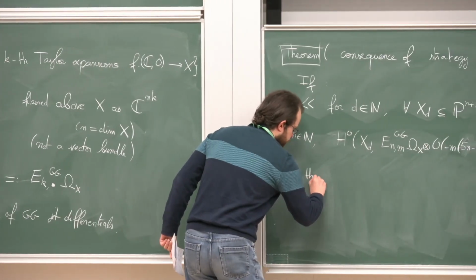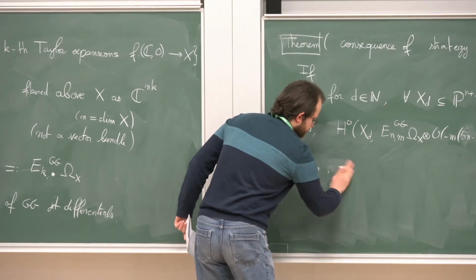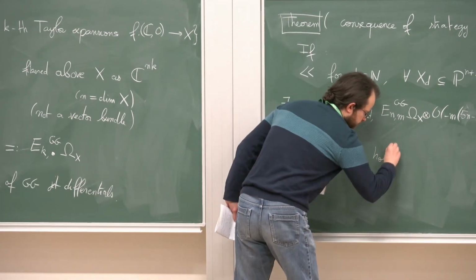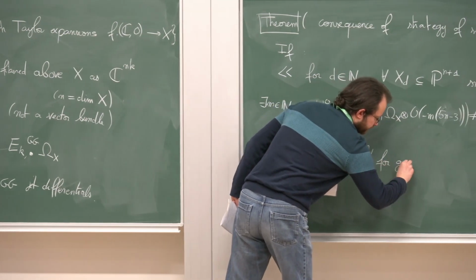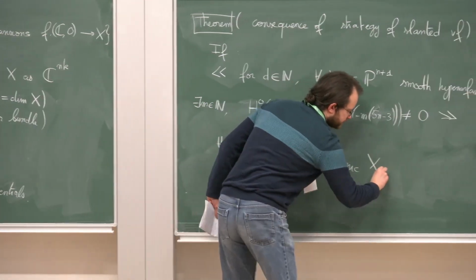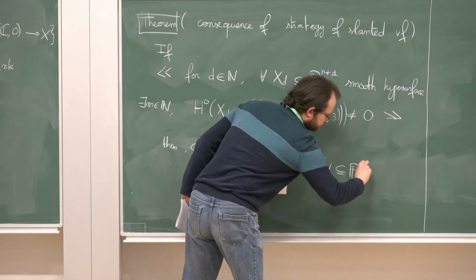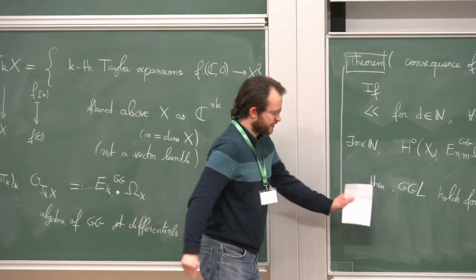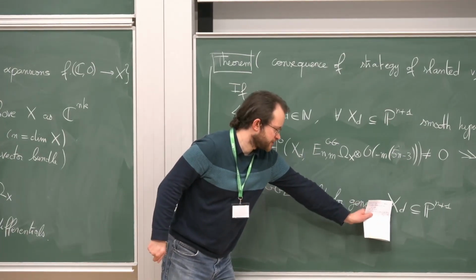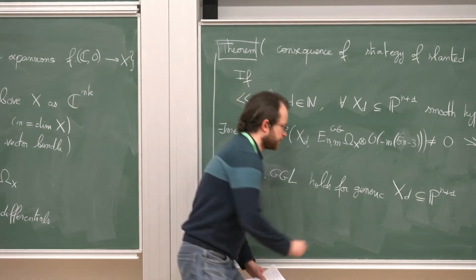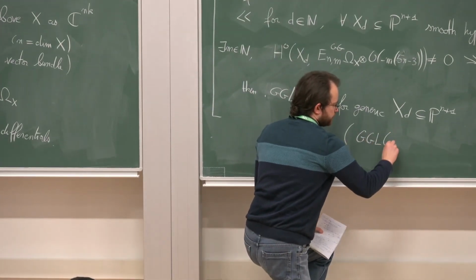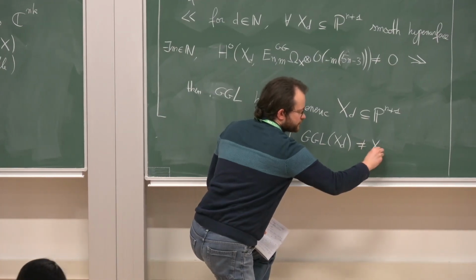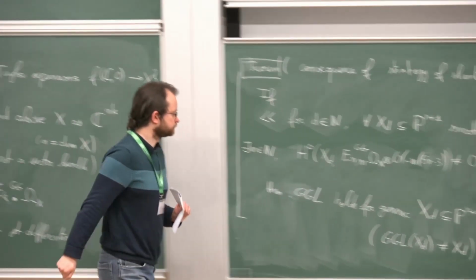Then I'm going to say Green-Griffiths holds for generic X_d in P^{n+1}. And more precisely, the Green-Griffiths locus of X_d is different from X_d. So this set, which is defined via jets and which contains all entire curves, is different from it.